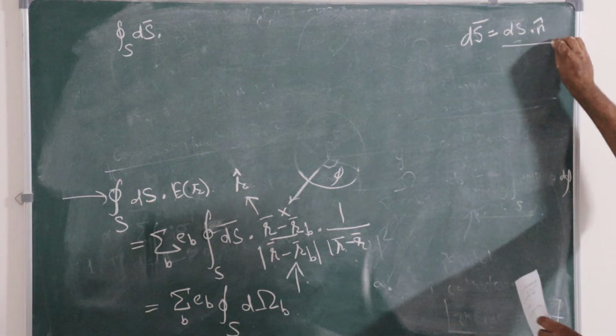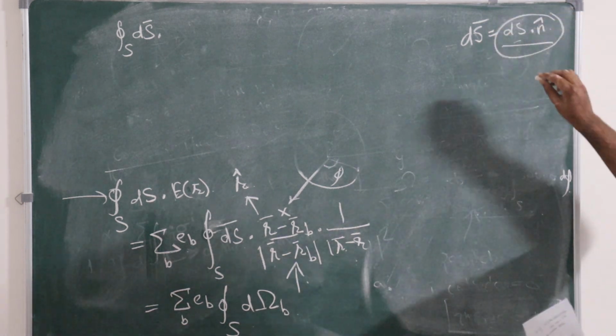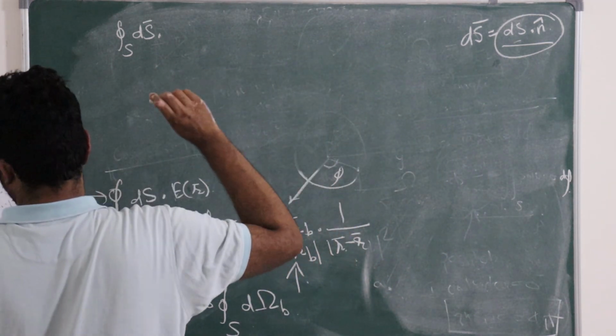So this already is dot producted with the n cap vector. So just keep that in mind. That's what I forgot to mention about my notation.